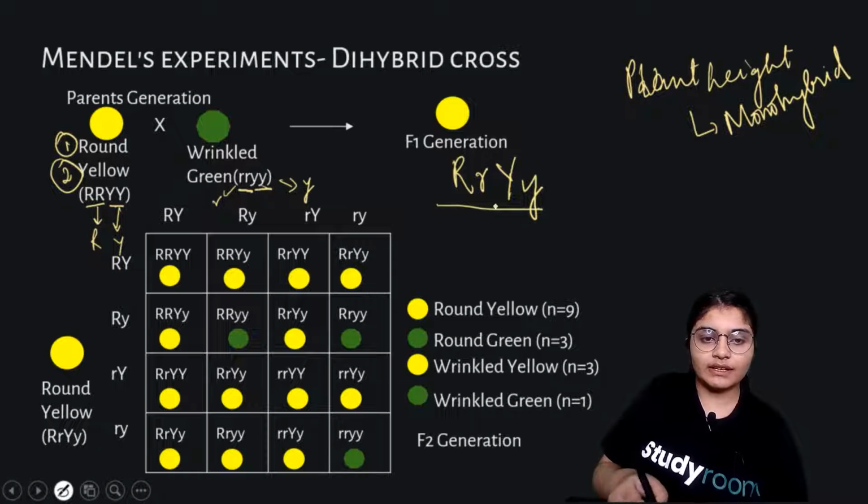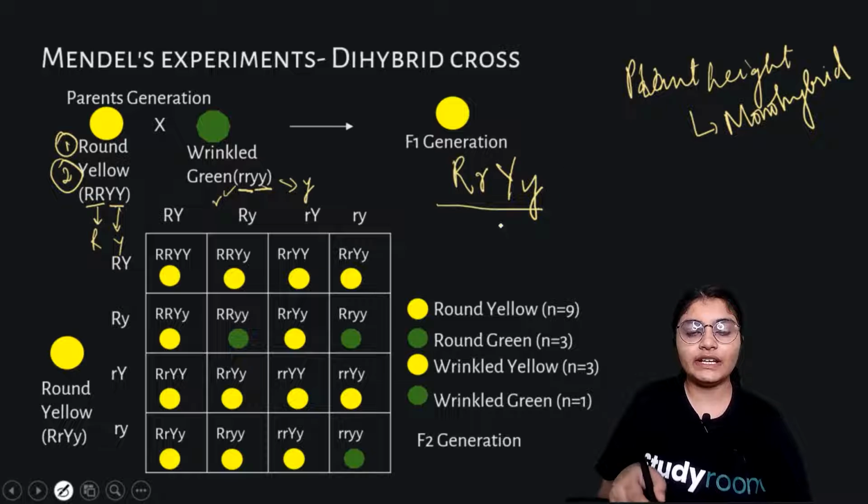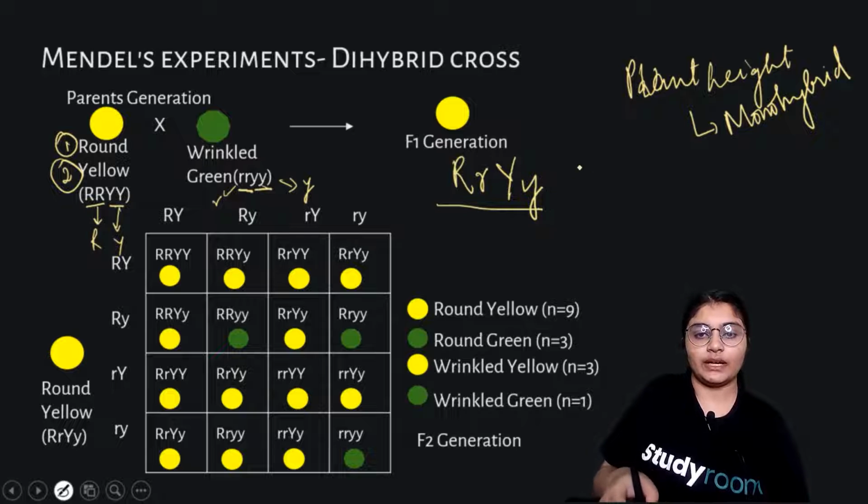And what will be the observable characteristic or the phenotype of the F1 progeny? As we know, it will necessarily be the dominant phenotype. And the dominant phenotype here was round and yellow, right? So we'll have round and yellow seeds.